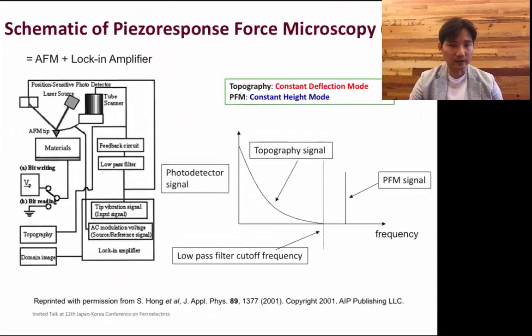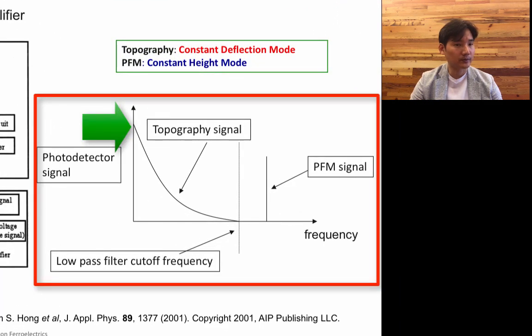So with that in mind, if you look at this schematic, you can split the vibrational signal in frequency domain to separate out the topography signal. For the topography signal, if you think about the roughness as well as the scan rate, the maximum frequency component is about 2 to 3 kilohertz.